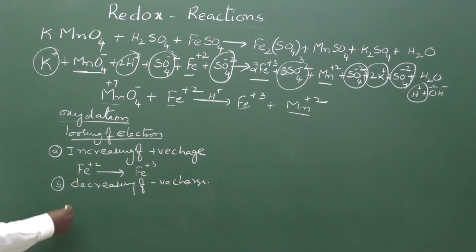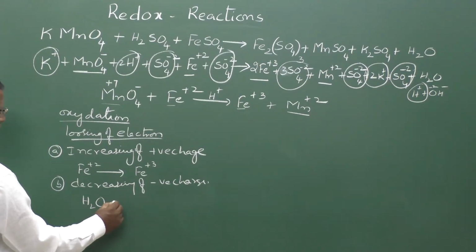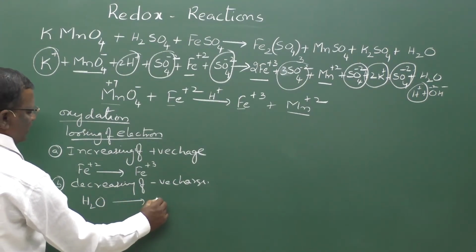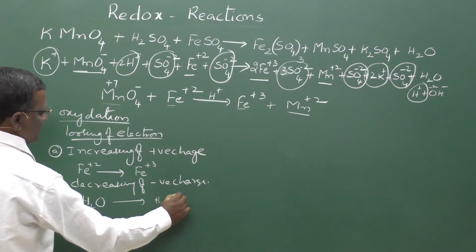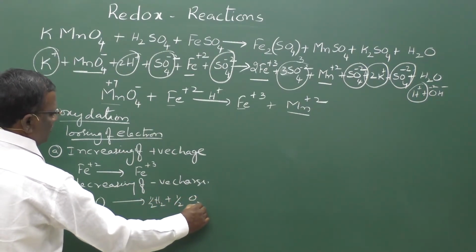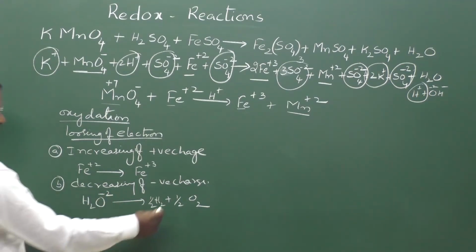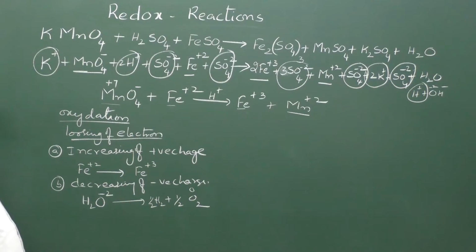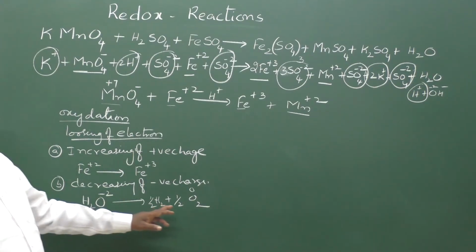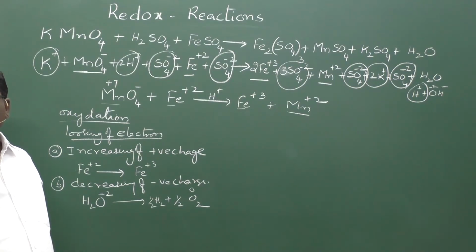For example, if H2O is converted into H2 plus half O2, the oxidation state of oxygen is -2 here and 0 there, because in homoatomic molecules the oxidation state is 0.